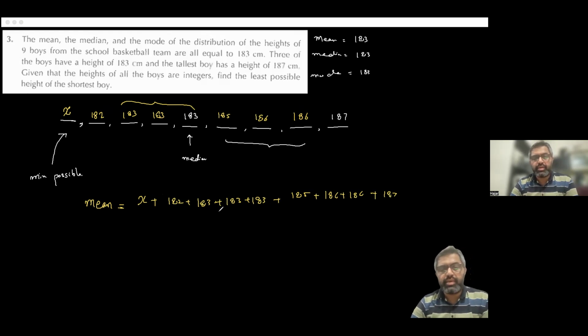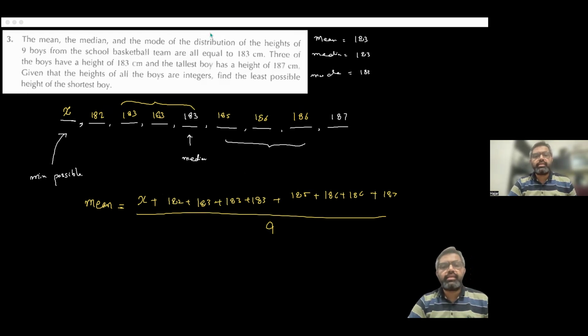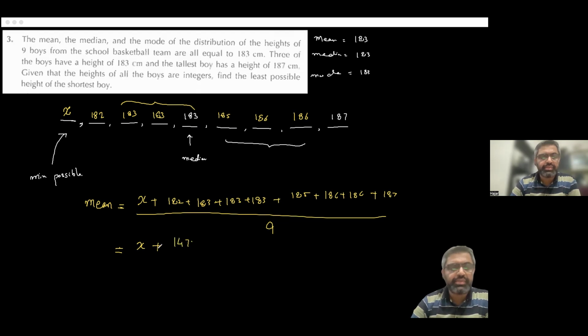And we divide all by 9. So we add these values and see how much it is. Adding all of these, X is unknown plus 1475. You can use your calculator to calculate this. This over 9 has to be equal to 183.